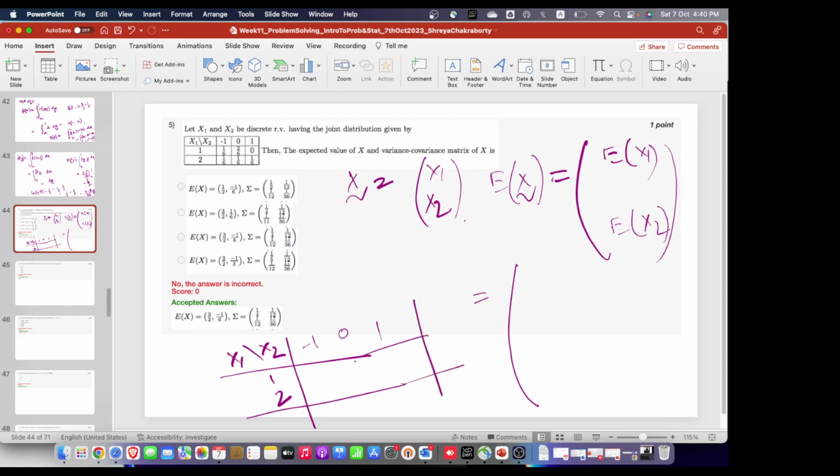So x1 equal to 1, the probability is 1/6 plus 2/6, that is half. x1 equal to 2 is also 3 by 6, that is half. Okay, this is x1 marginal. And this one is x2 marginal. So x2 equal to -1 is 2 by 6, that is 1/3. This is also half, and this is 1/6. Alright, it's adding up to 1.